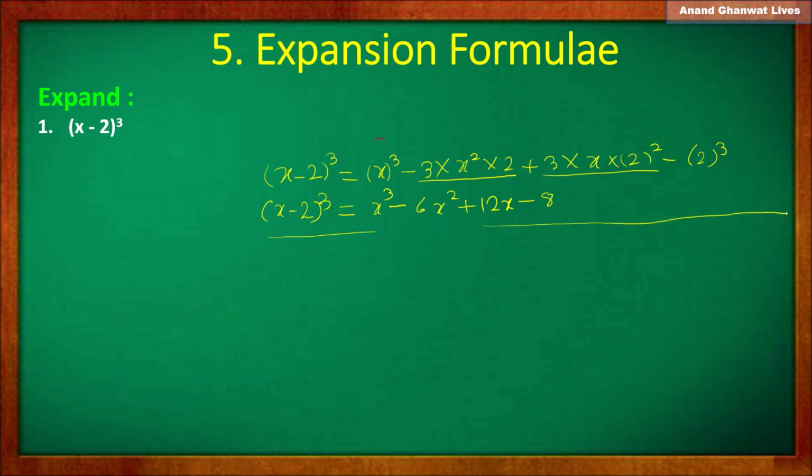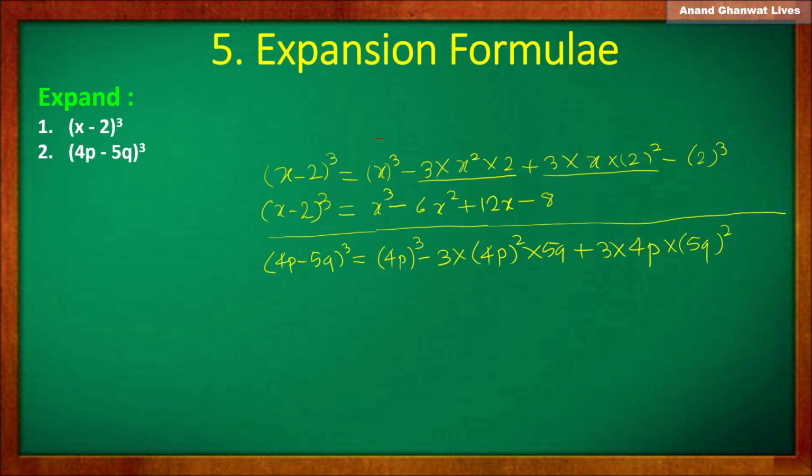Now let us solve the next example, that is 4p minus 5q its cube, or the cube of 4p minus 5q. Now the first term is 4p and the second term is 5q. So the cube of the first term, that is 4p, minus 3 into the square of 4p into 5q, plus 3 into 4p into the square of 5q, minus the cube of 5q.